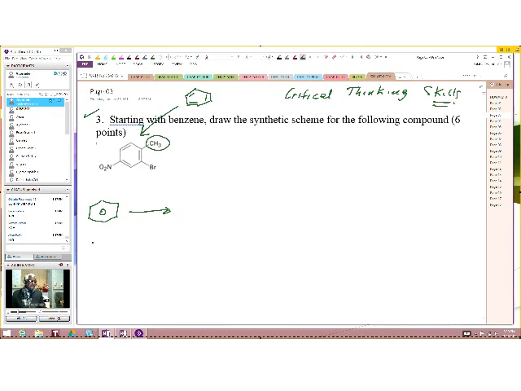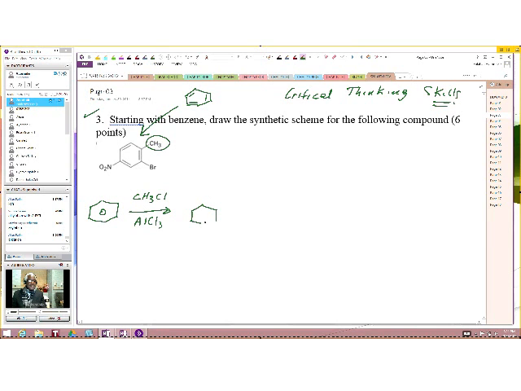I need your help now. We've done some of this already in the previous question. Alkylation. Very good. Friedel-Crafts alkylation. Excellent. Victoria, Mashake, both of you are correct. Gillian, very good. So we do Friedel-Crafts alkylation, and that would be this.